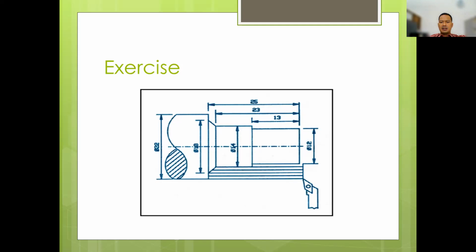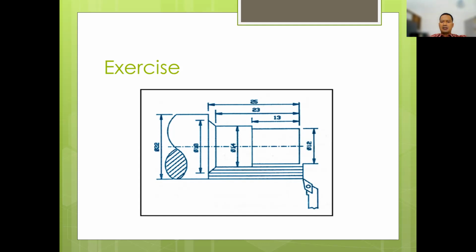For example, this is the exercise of turning. You can see the figure here. This is the simple movement of the tool from the diameter of 22 millimeters. At first, you can do the machining for the second diameter of 18 millimeters, then 14 millimeters, and the third diameter of 12 millimeters.